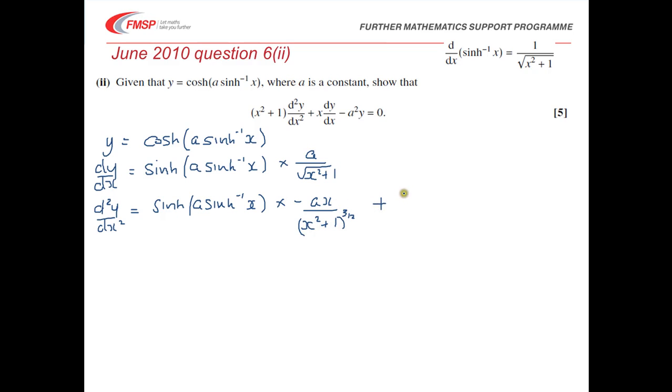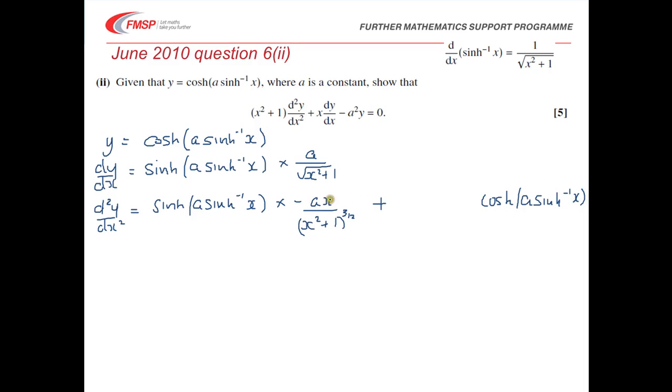And then this time we're going to differentiate sinh of a inverse sine of x, and that means we'll get cosh of a inverse sine of x, but we'll need to multiply by the derivative of that, which again is another a over the square root of x squared plus 1.